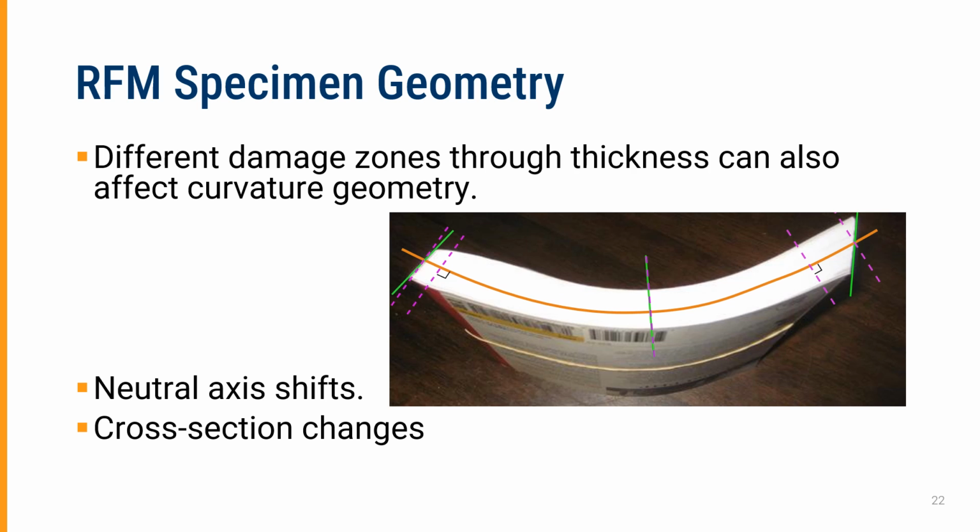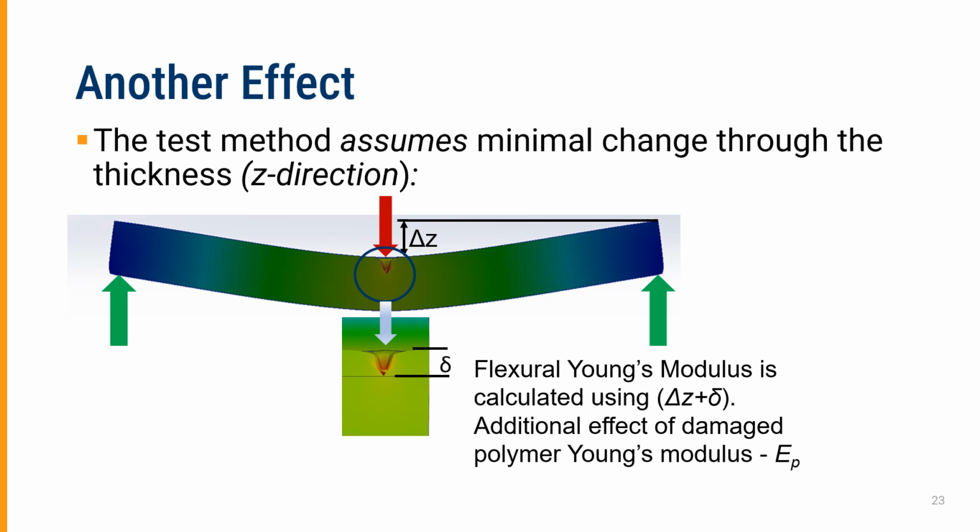The cross section will also change, and that's what we're showing a bit here. The test method used for destructive measurement of flexural modulus assumes that there will be minimal change through the thickness in this direction, okay?